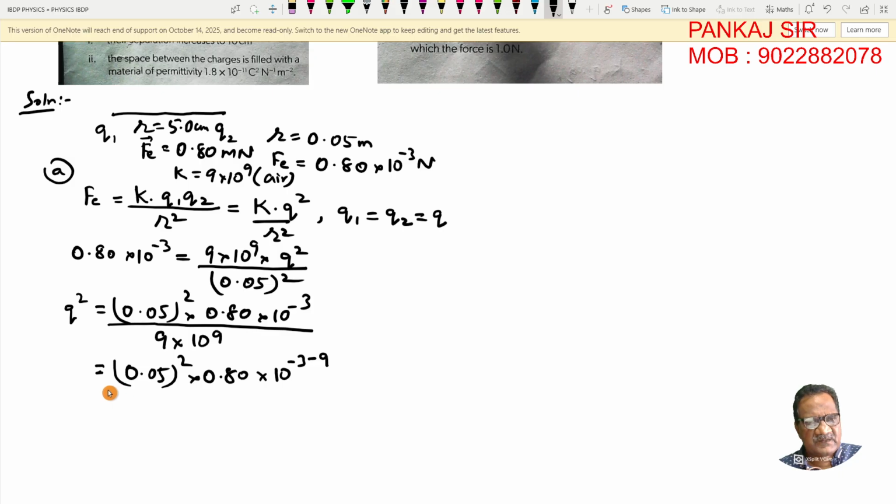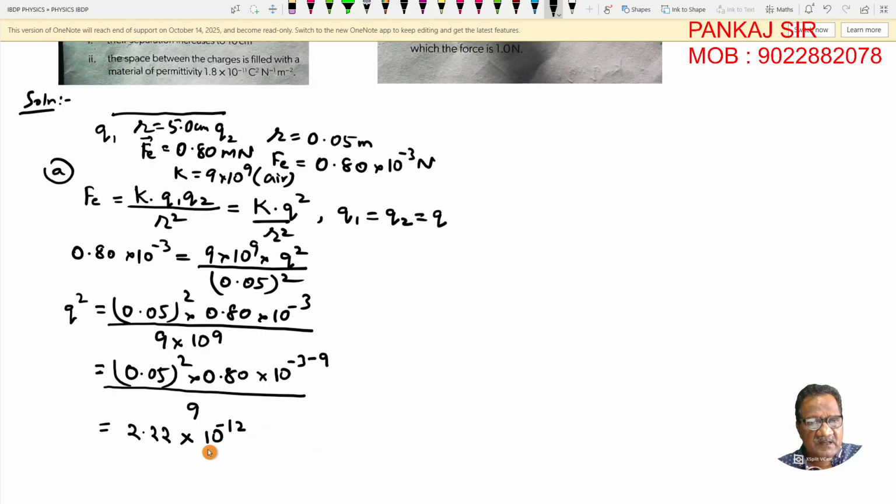This thing divided by 9. Now on doing the calculation, only this part if you do, you should get 2.22 times 10 raised to minus 3 and minus 9 is minus 12.